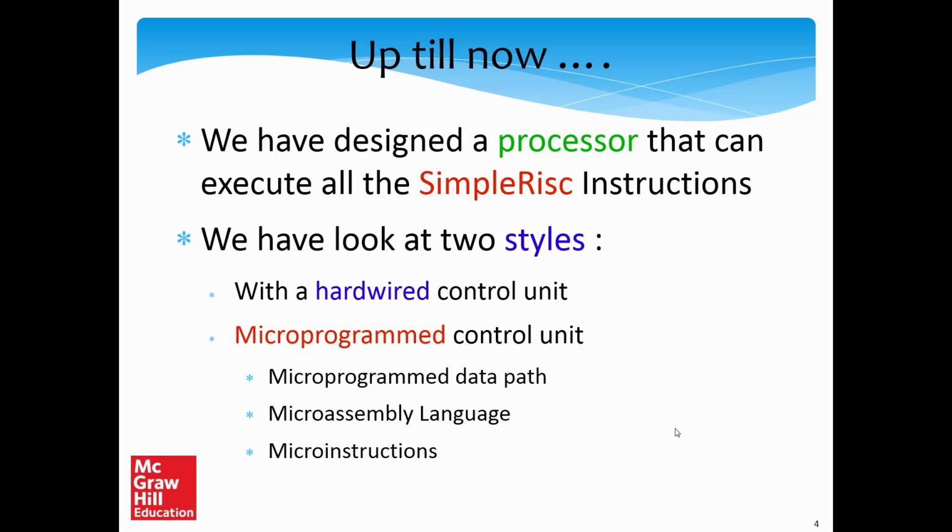It's called a processor with a microprogrammed control unit. We have taken a look at a microprogrammed data path, a microassembly language, and micro instructions. In this chapter we'll only be working with processors with a hardwired control unit, which are by far the most common. We'll only work with this and try to increase the performance of such processors.